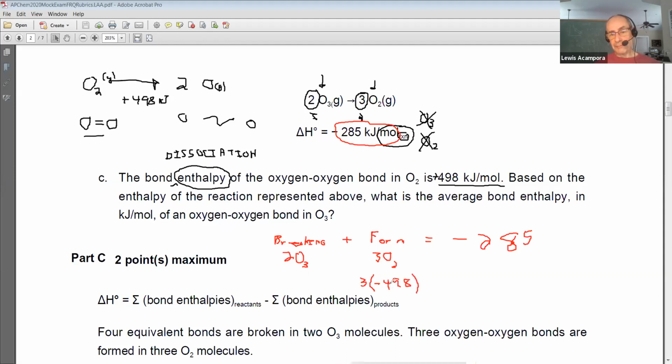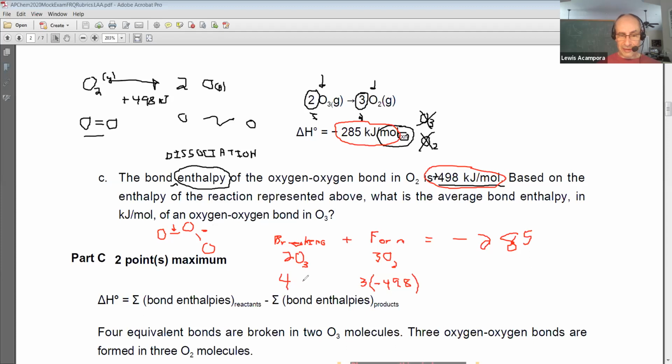So remember, because 498 is the amount of energy needed to break a bond, when 3 of those bonds form, the change in energy would be 3 times negative 498 or negative 1494. Now, the only other thing I need to do is say how many of these bonds I am breaking. If we go back, remember that ozone had a central oxygen atom and then 2 terminal oxygen atoms. So there are actually 2 bonds in each ozone molecule.